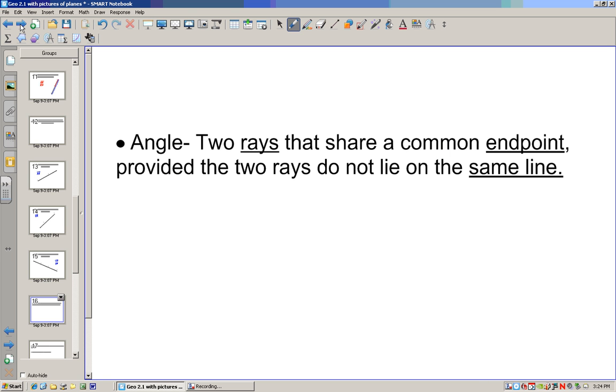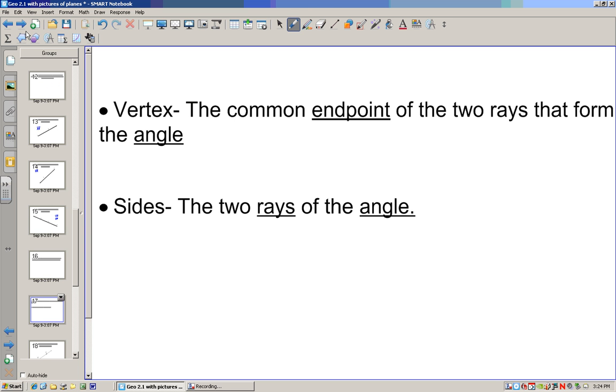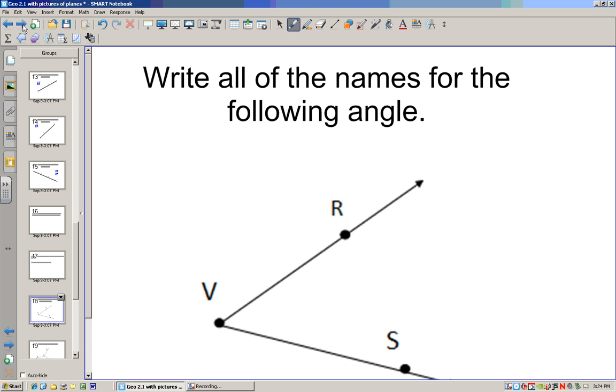An angle: two rays that share a common endpoint, provided that the two rays don't lie on the same line. A vertex is the common endpoint of the two rays that form an angle. The sides are the two rays of that angle. So there's three different ways that we can name this angle.